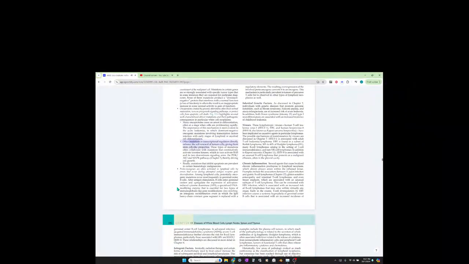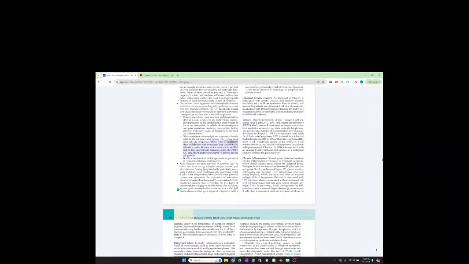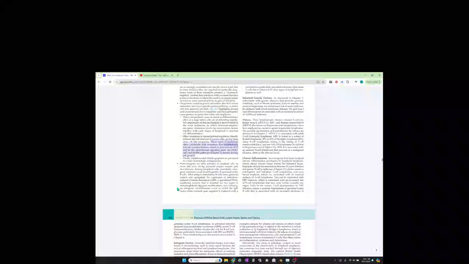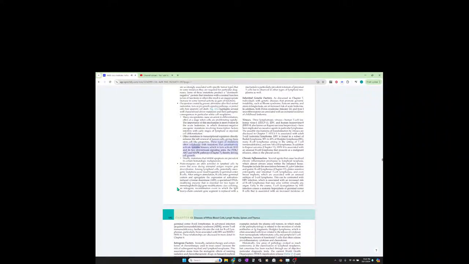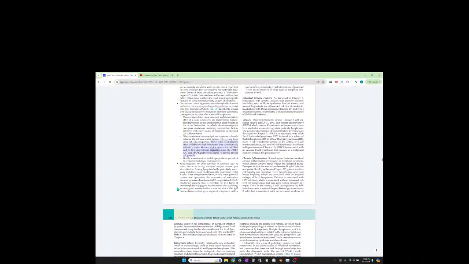Other mutations in transcriptional regulators directly enhance the self-renewal of tumor cells, giving them stem cell-like properties. These types of mutations often collaborate with mutations that constitutively activate tyrosine kinases, which in turn activate RAS and its 2 downstream signaling arms, the PI3K, AKT, and MAPK pathways, thereby driving cell growth. Finally, mutations that inhibit apoptosis are prevalent in certain hematologic malignancies.